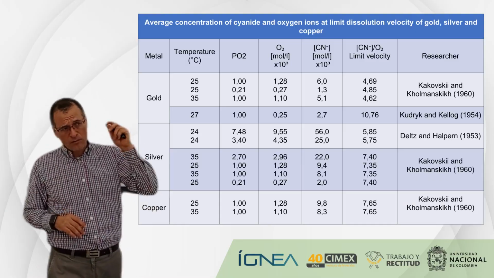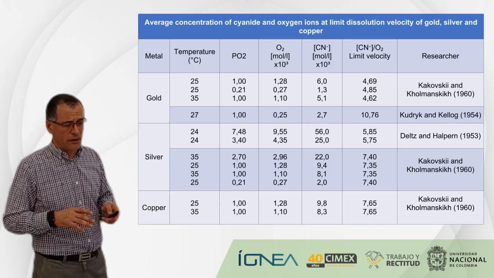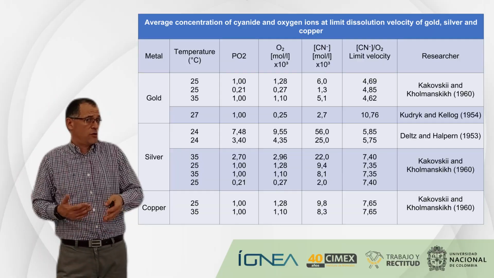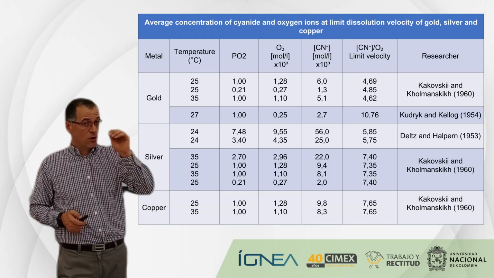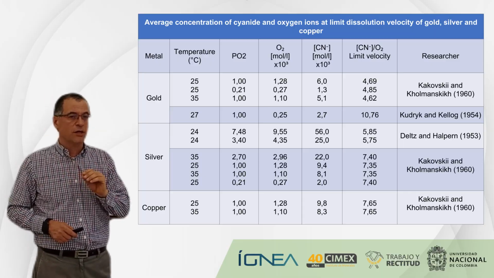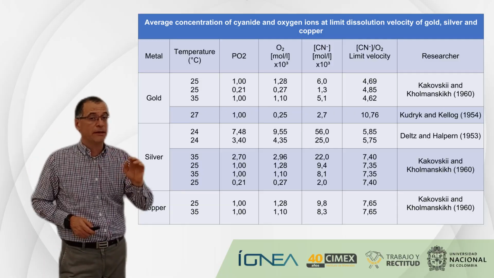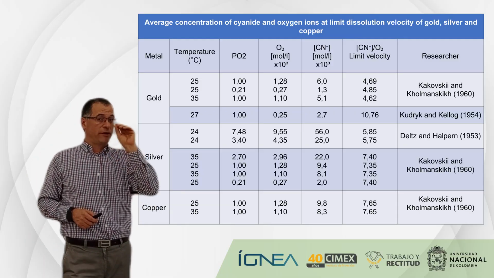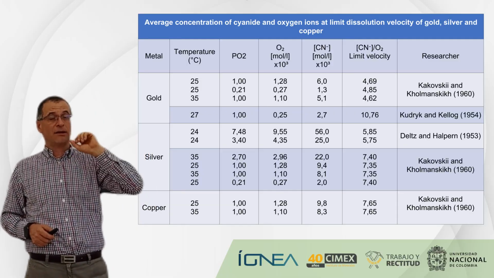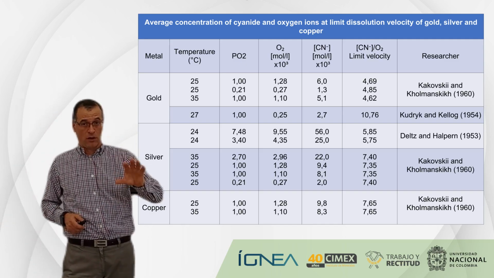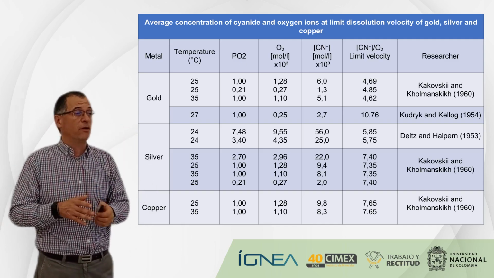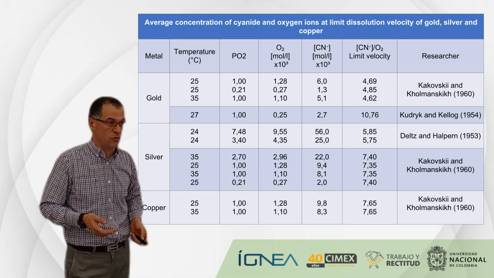Okay. The velocity of the gold is, as I told you, not very high. It's a slow dissolution, a slow reaction, and when you have other elements like copper, maybe the velocity of the dissolution of the copper is higher than the velocity of the gold, and that could be problematic for the solution.